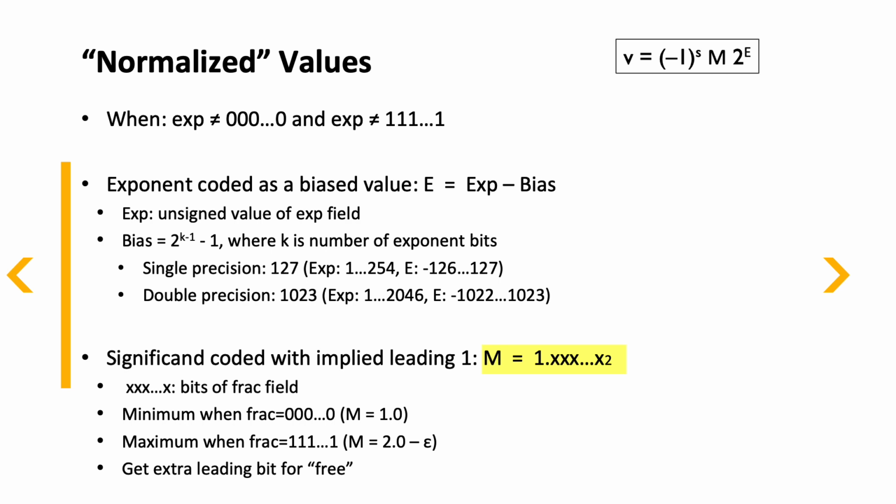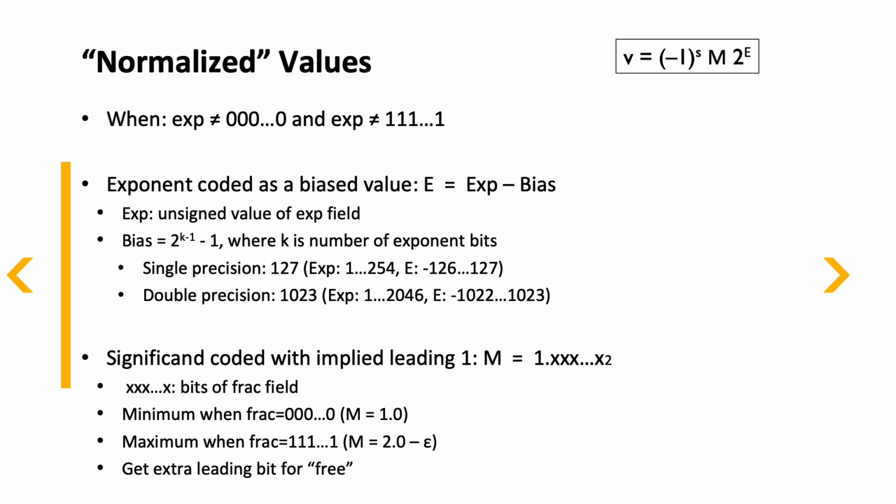This series of x's is just representing the bits that are in the frac field for whatever encoding we happen to be looking at. But that 1 to the left of the binary point doesn't actually have to show up in the encoding, so we save a bit, right? How cool is that? The whole idea behind floating point is to give ourselves a better range and to use our word size in a much more flexible way. So, hey, if we can save a bit, why waste it if we don't need it?